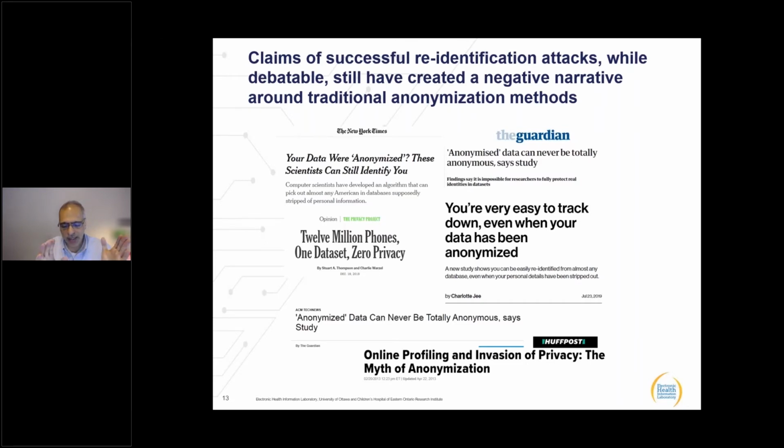So that has resulted in a negative narrative that feeds this skepticism by regulators and, to some extent, civil society and the public. So we need something else. We need to move our techniques for creating non-identifiable data to something better, that addresses some of these criticisms, and that can continue to provide reasonable protection in practice.